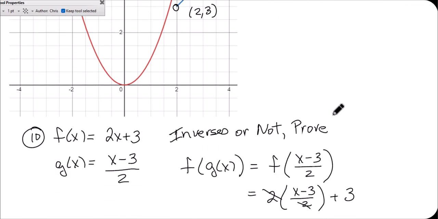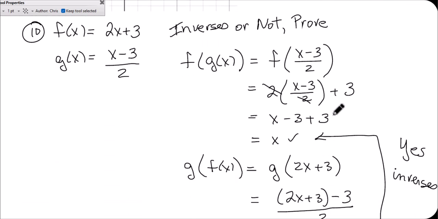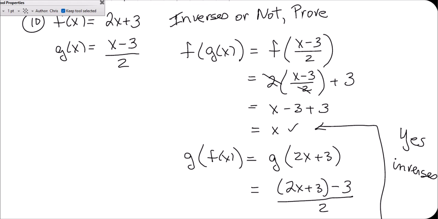All right, in question 10, we are looking to see if f and g are inverses or not. And we have to prove it. If they are inverses, then when I compose them together, I should get x back. So let's see if we do.